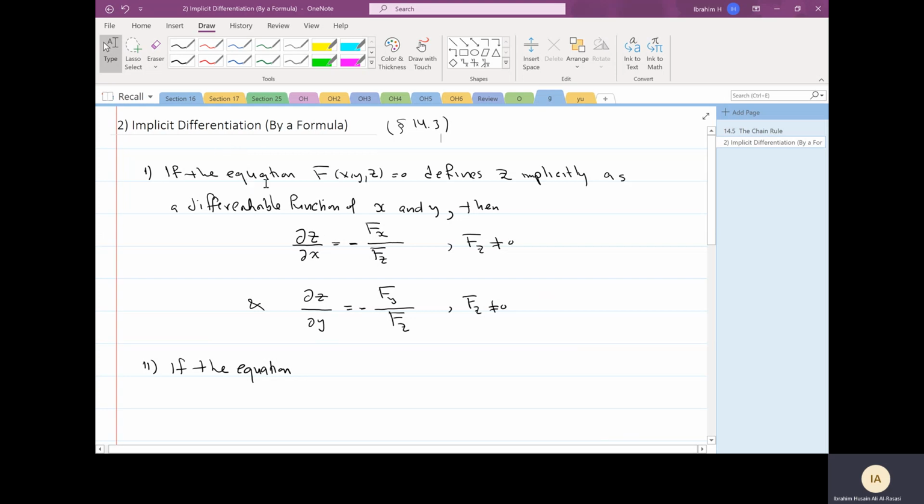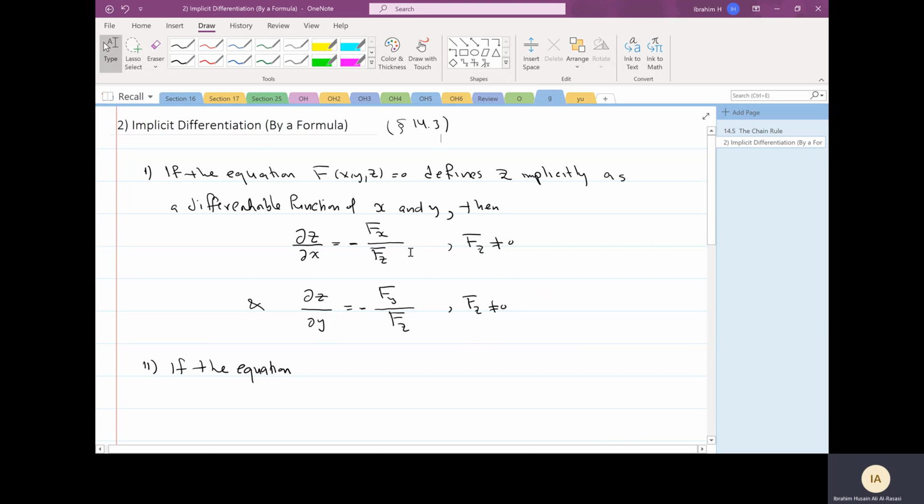Okay, let me read how to do this. If the function f of x, y, z is equal to 0 defines z implicitly as a differentiable function of x and y, then what is partial z partial x? It is minus f sub x over f sub z, provided f sub z is not equal to 0, and partial z partial y equals minus f sub y over f sub z, again provided f sub z is not equal to 0.